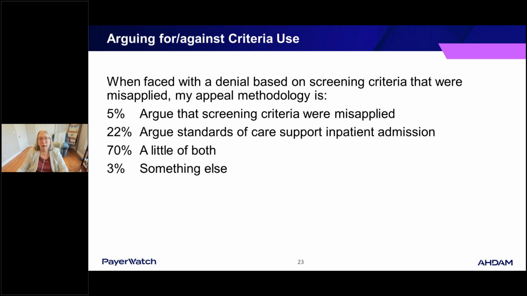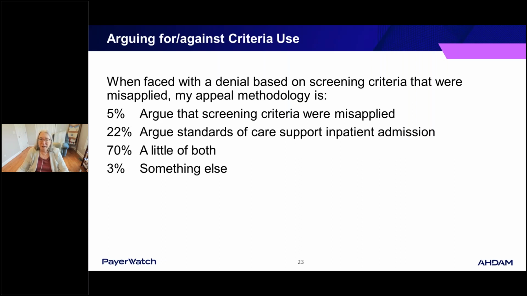Because that's going to be more efficient than creating an argument around why that patient was sick enough that they required inpatient admission. I know from folks that I've talked to that does happen, that they do have success with just going back and saying, well, your screening criteria are misapplied.